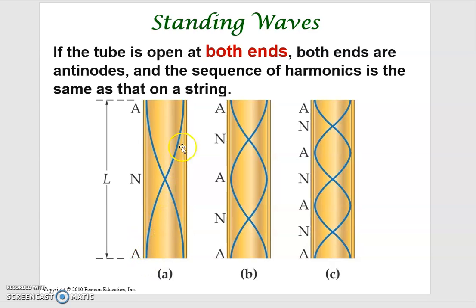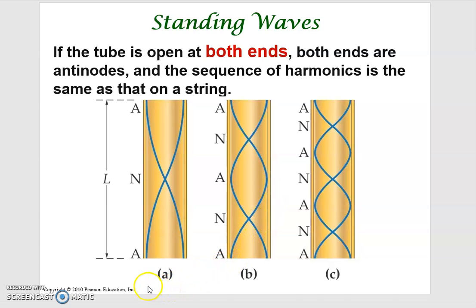So from here to here, it is basically just half of the wavelength. And now the second mode is this, 1, 2. There are 2 half wavelengths. So ideally, this is 1 complete wavelength.